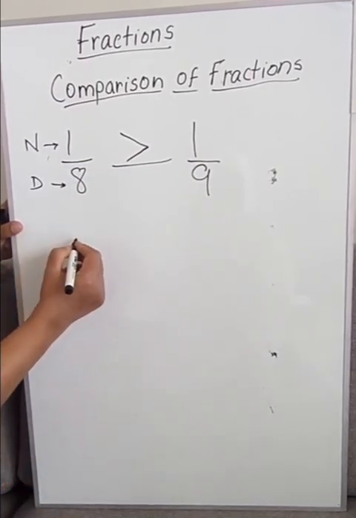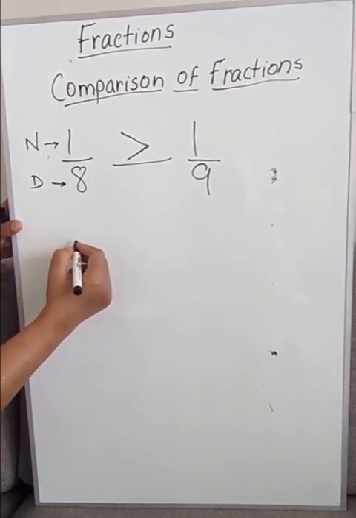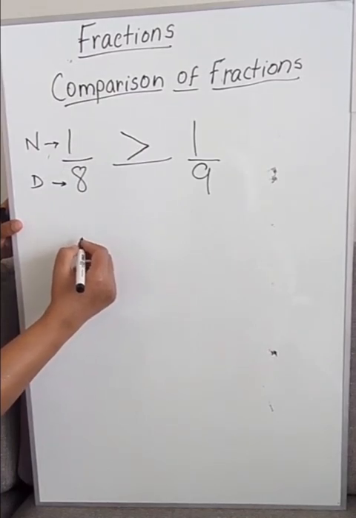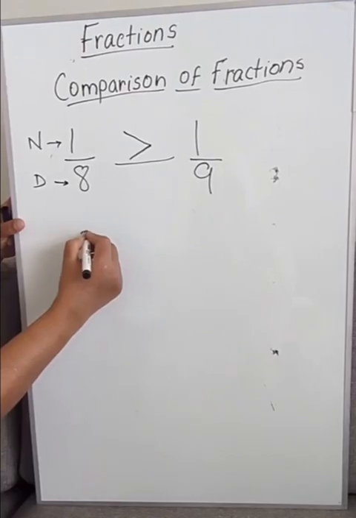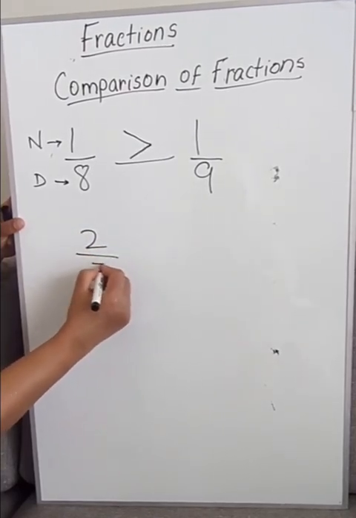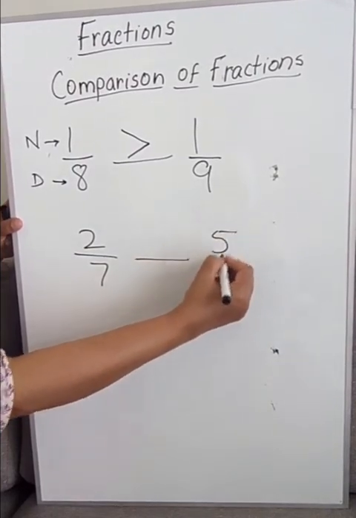Now let's look at another type of fraction, which has different numerators and the same denominators, for example, 2 upon 7 and 5 upon 7.